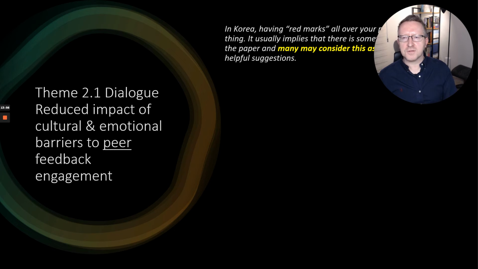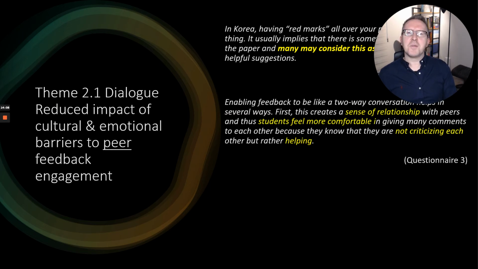And in Confucian cultures, there are things that we have to worry about when a younger peer gives feedback to an older peer. And so they prefer to avoid that kind of situation. But they felt that when it was a conversation that had multiple points, they could feel much more comfortable. They could give much more tentative feedback, which would then be developed in a group discussion process.